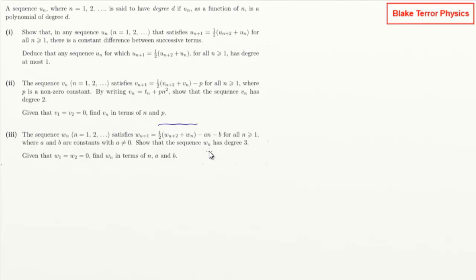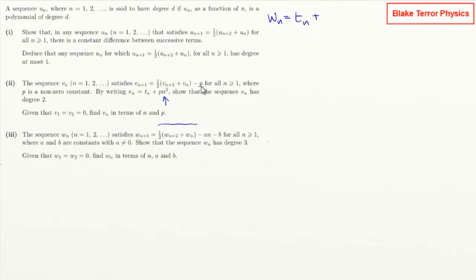Kind of makes me think that we're going to have a substitution with an n cubed here, I suppose. I mean, that seems likely, doesn't it? I don't really know what else I'd go for. So if we were to say that wn was tn plus, what constant am I going to have in front of it?